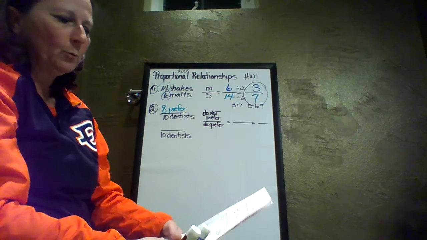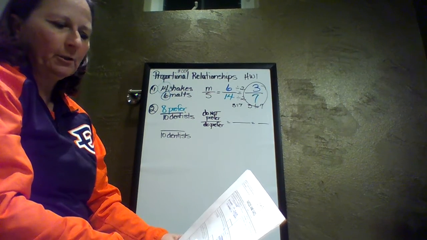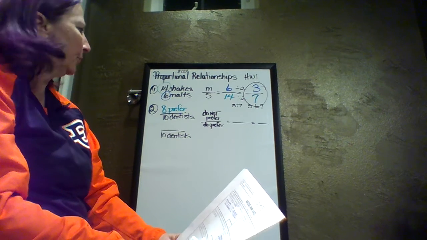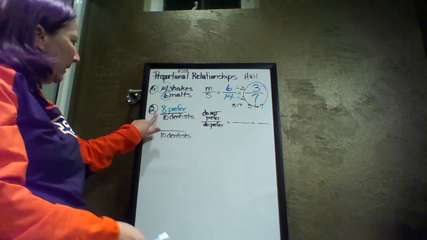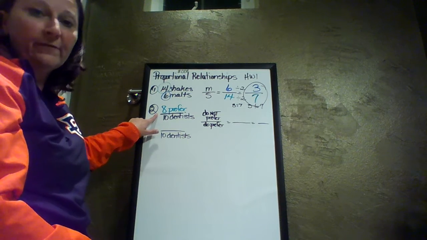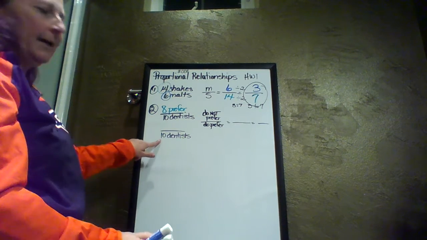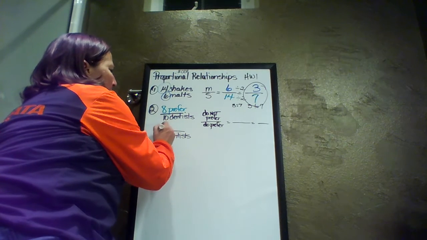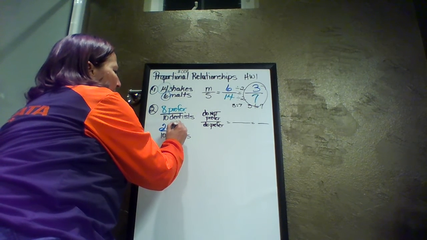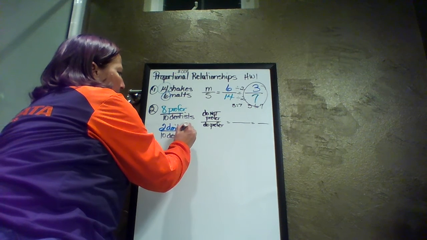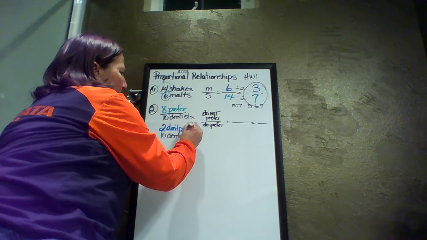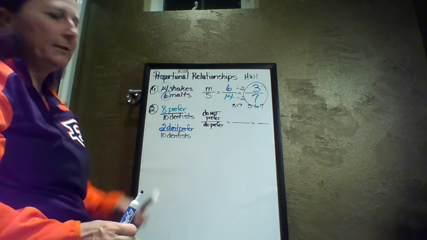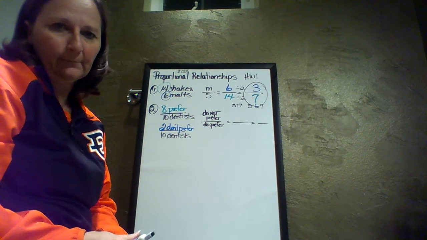The question is, what is the ratio of dentists who do not prefer Crest to those who do? If we have 8 that do prefer Crest, we have 10 total dentists, so we have 2 that don't prefer it. Eight that prefer it, 2 that don't prefer it.